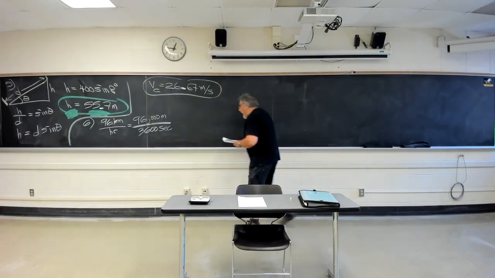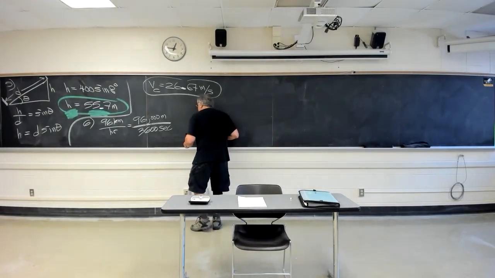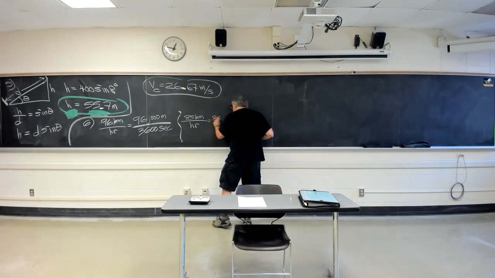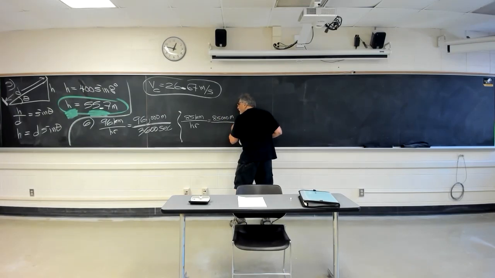Now, let's compare that to what's going on with the gazelle. You've got 85 kilometers per hour. That's 85,000 meters divided by 3,600 seconds.